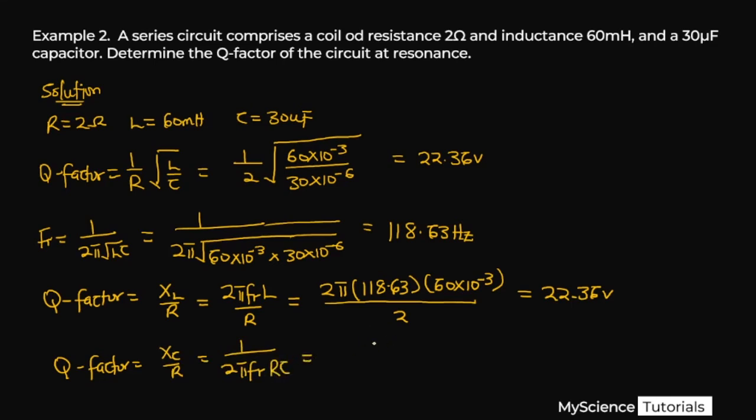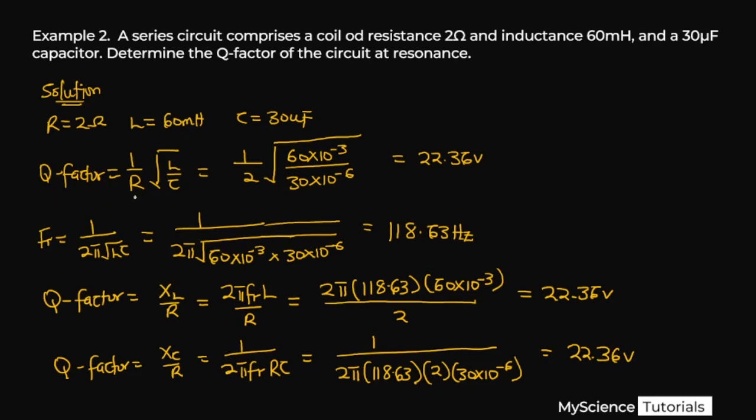And this is equal to 1 on 2 pi multiplied by 118.63, which is the resonance frequency, multiplied by our resistance, which is 2, multiplied by our capacitance, which is 30 times 10 raised to the power minus 6. If we do that computation again, we're also going to get 22.36.